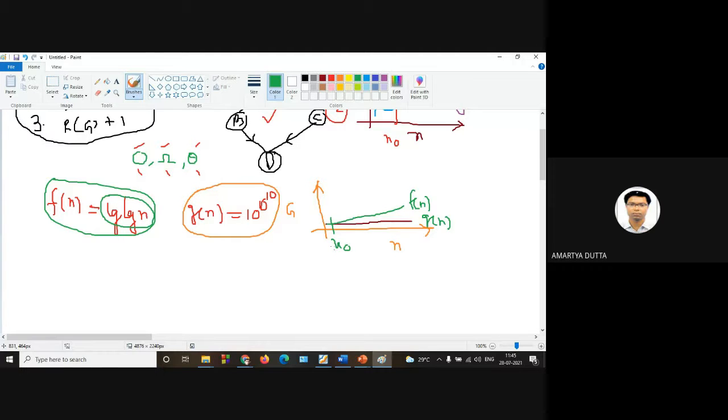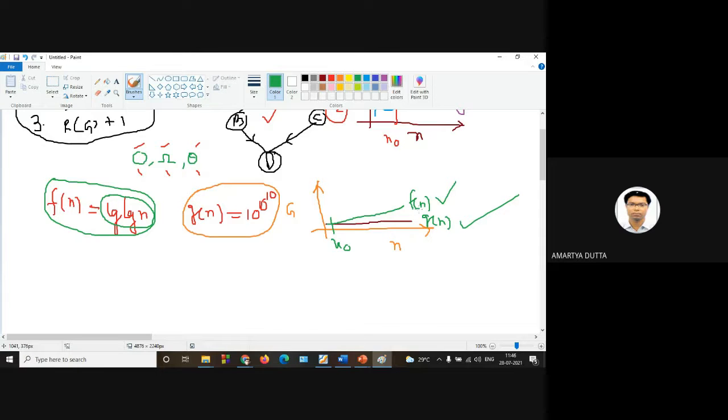If Fn is log n and Gn is some constant, you can put 10 to the power 10 to the power 10, up to 15 times. But this is still a constant, not a function of n. So that's why this is a constant line, and this is your Fn, that is log n.